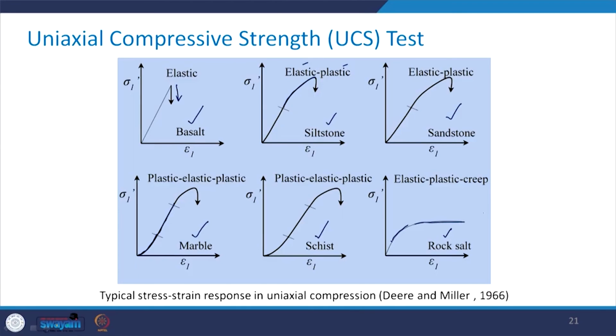Creep, you know, is the deformation under constant stress. So if I just extend, you see that from this point it is all constant stress, that is sigma 1, and it is just deforming. So these are some typical stress strain responses under uniaxial compressive condition.